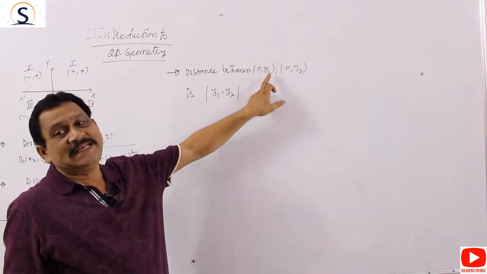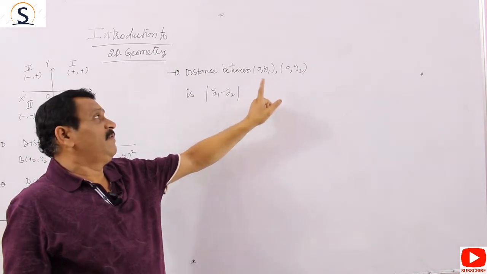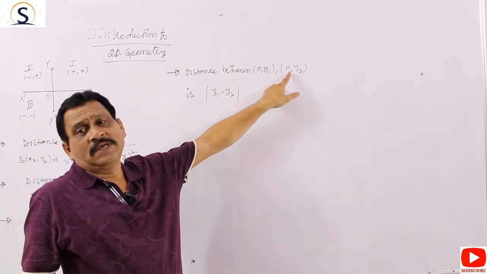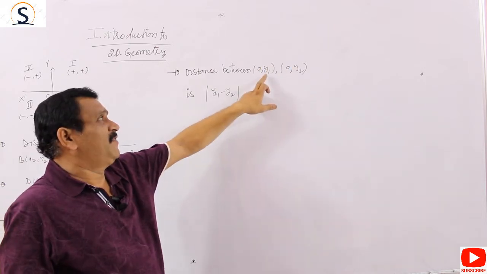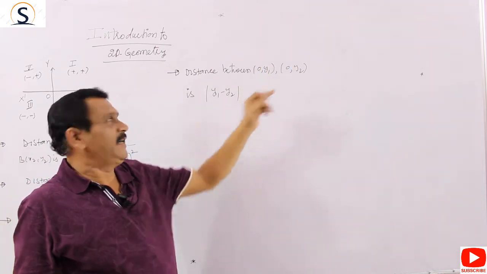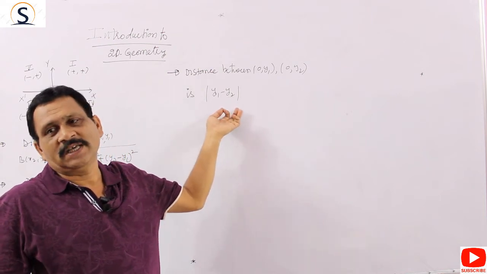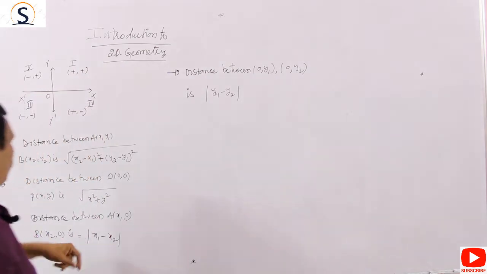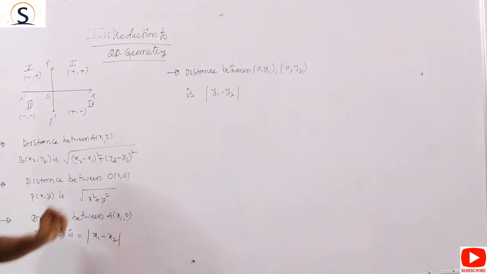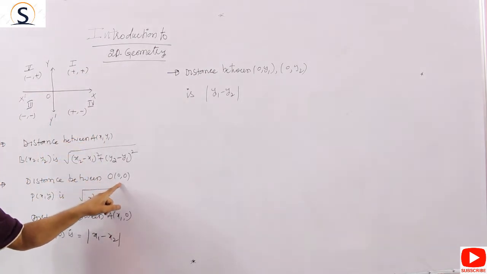These points lie on the y-axis. Whenever the x coordinates are 0, these points lie on the y-axis. So simply the modulus of the difference of these two is the distance between 2 points, and here one of the points is the origin.